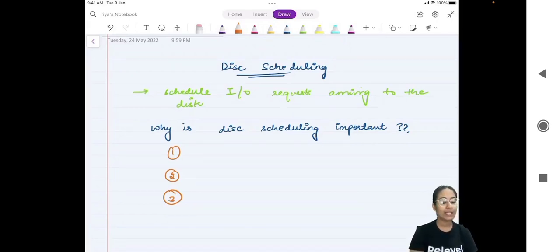Second, if there are two or more requests which are very far from each other on the disk, that can lead to a lot of disk arm movement. And the third is that hard drives are one of the slowest parts of the computer system, hence it is very important that we do the scheduling in a very efficient way, leading to efficient processing of the input output requests.